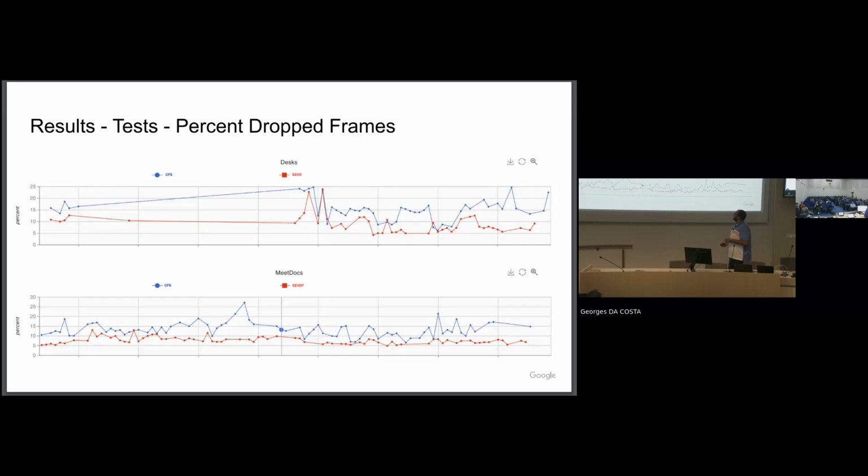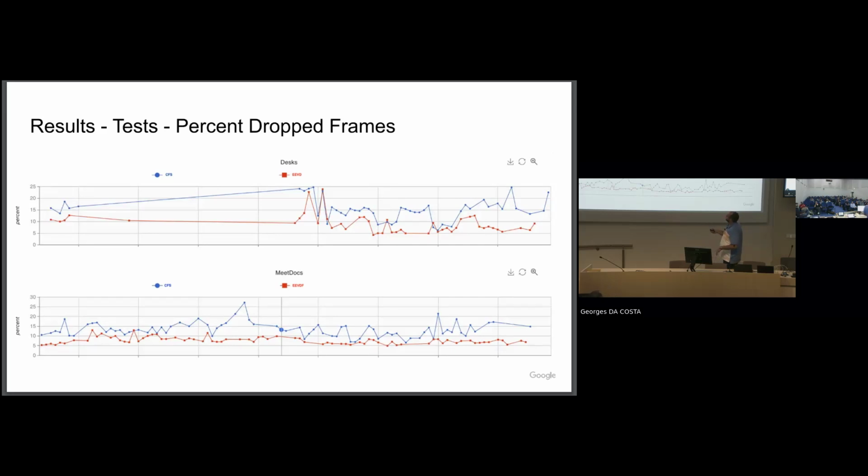Running it in a wider test fleet here, most scenarios didn't show a regression or a performance gain, but there were a few tests that showed a perf gain. So the desks test here uses multiple desktops and switches between them. There are a lot of tabs open on different desktops and it will keep switching between them.